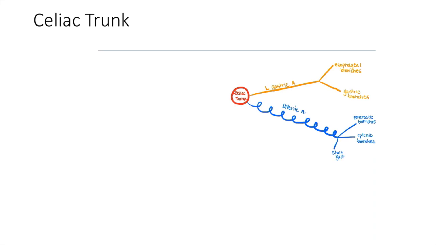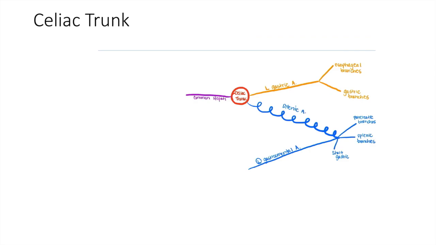And then also we have our short gastrics going to our stomach. We have another branch off of our splenic artery, and that is going to be our left gastroomental artery. And remember, the left gastroomental comes off of splenic artery.